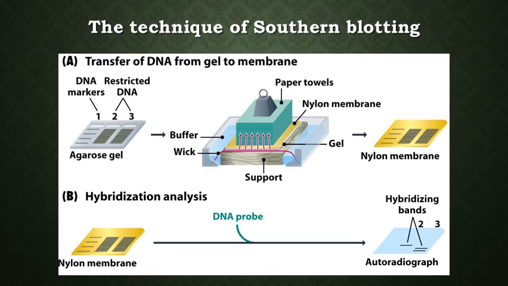The DNA is denatured either prior to or during the transfer by placing the gel in an alkaline solution. After transfer, the DNA is immobilized on the membrane by drying or UV radiation. A radioactive DNA probe containing the sequence of interest is hybridized with the immobilized DNA on the membrane. The probe will hybridize only with the DNA molecules that contain a nucleotide sequence complementary to the sequence of the probe.